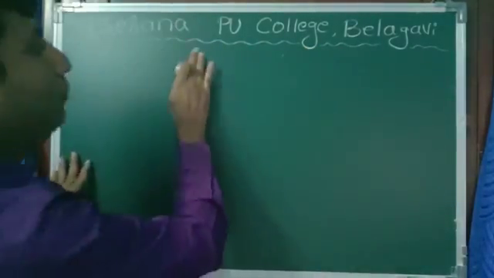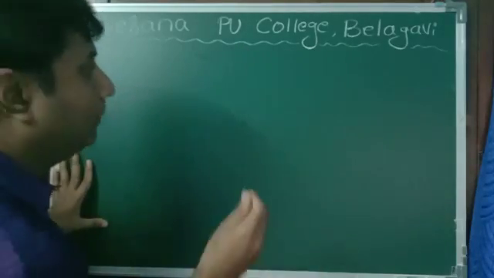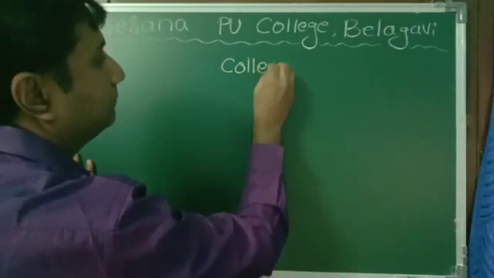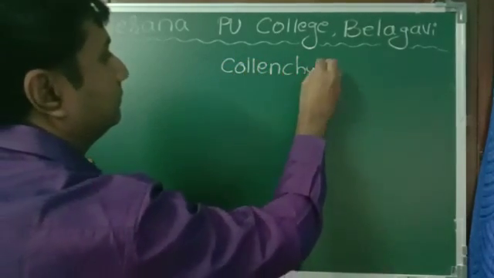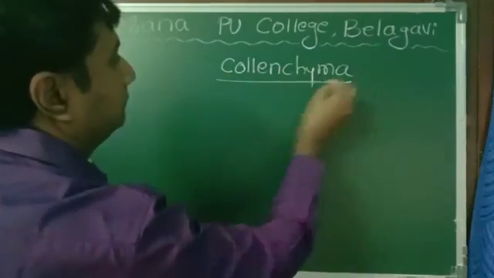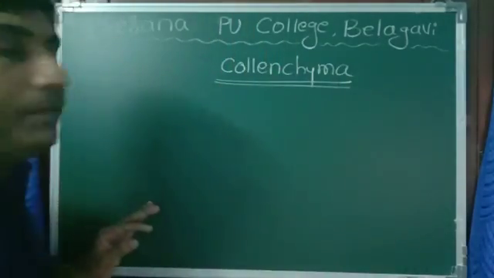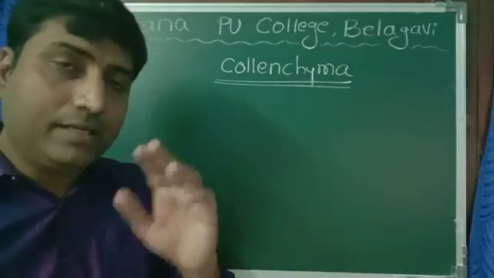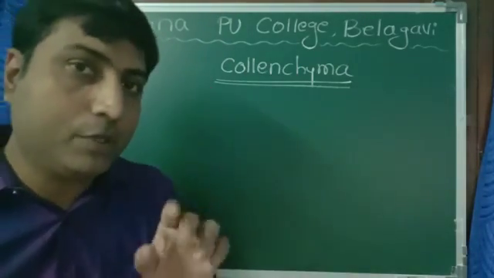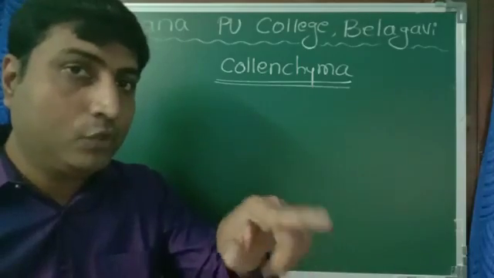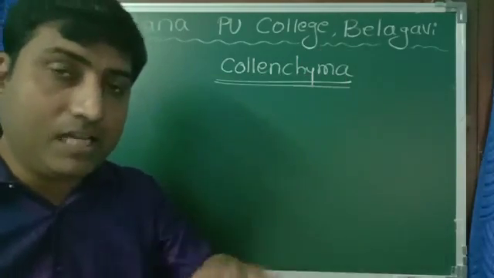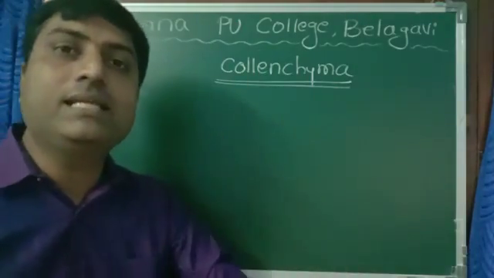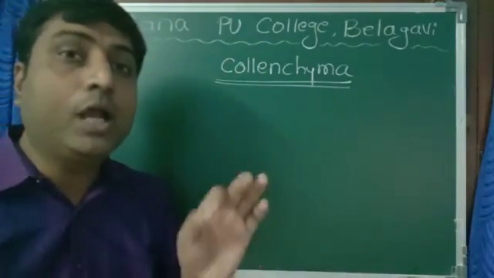Next, we will move on to another tissue, that is after parenchyma, collenchyma. Collenchyma always occurs along with the parenchyma, because parenchyma occurs in the soft part of the plant body. So wherever parenchyma is present, mechanical support and flexibility are needed, and that is given by collenchyma.